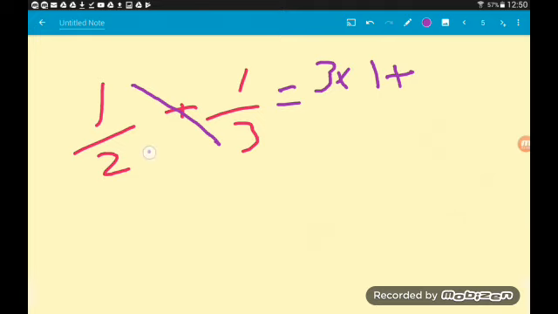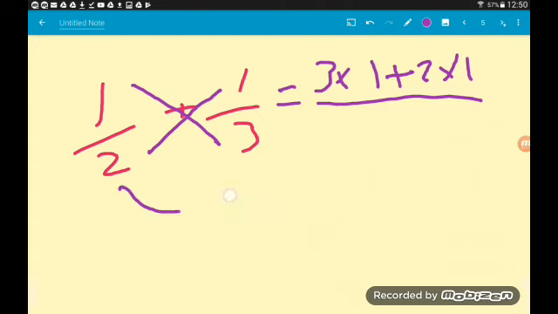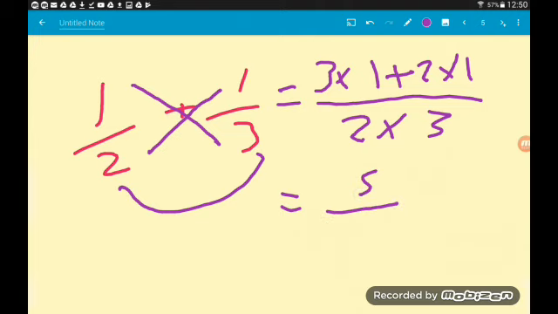Then we do the bottom of the first times the top of the second. So 2 times 1. And then that's all over the two bottoms multiplied together. So again, if we sort out the top, 3 times 1 is 3, 2 times 1 is 2, add on top, again we get 5, and on the bottom, 2 times 3 is 6.